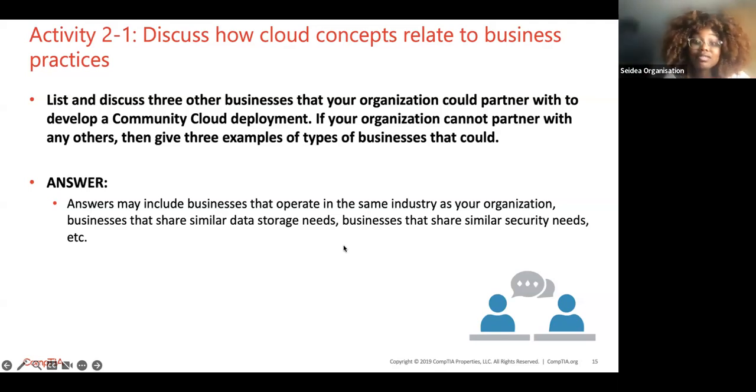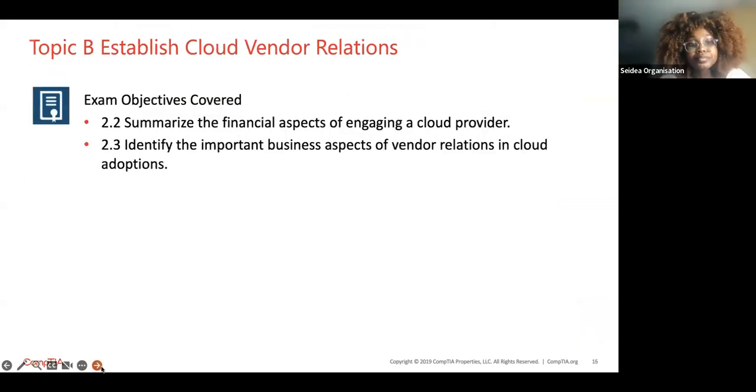But also, do they have shared interests, essentially? So any organization that has shared interests and similarities in their data storage and security needs, and the industry, are able to have a joint community cloud deployment where they all come together and share the cost for the maintenance of that community cloud deployment.